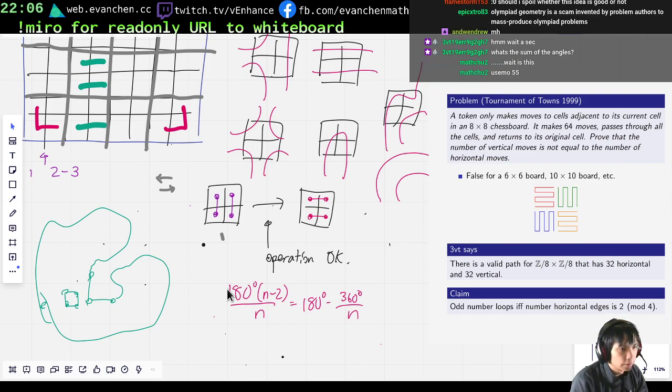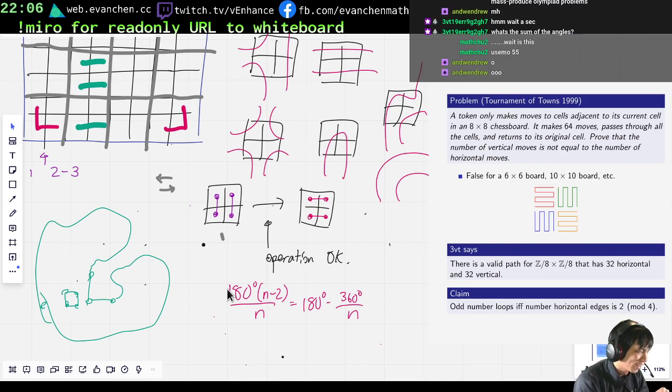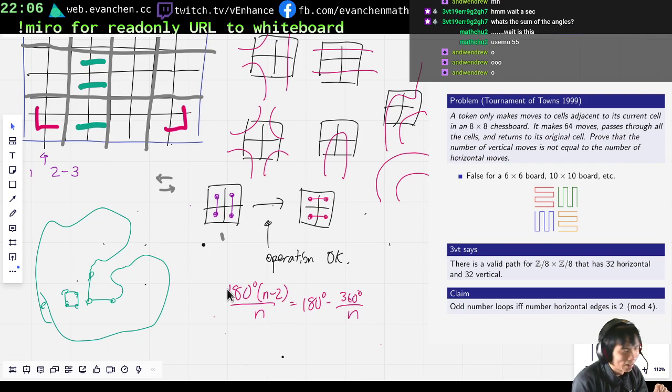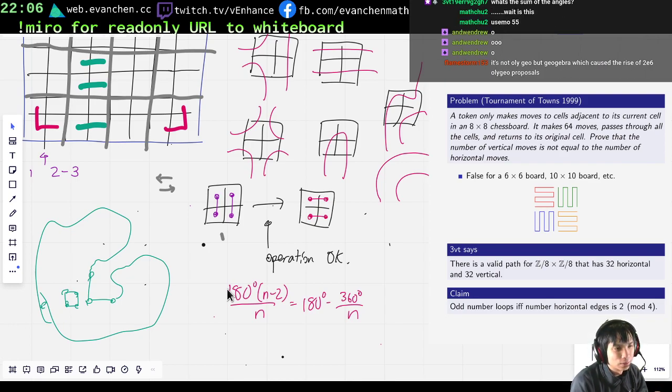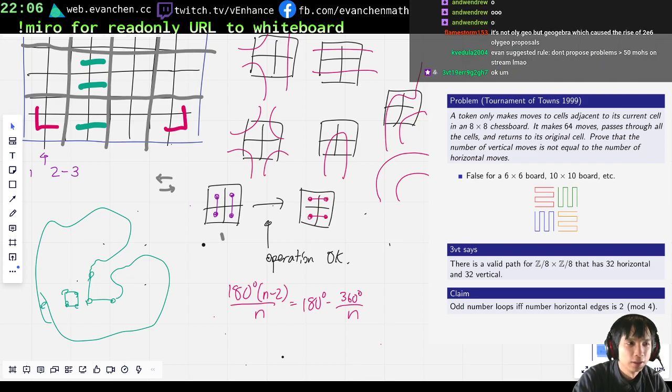Wait, is this UCMO 55? No. Oh no! Anyways, but what do I do with this? UCMO 5. Oh jeez. Is it going to be something like that? I really hope not. Well, actually it'd be pretty funny if it was.